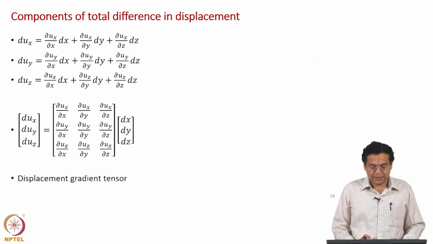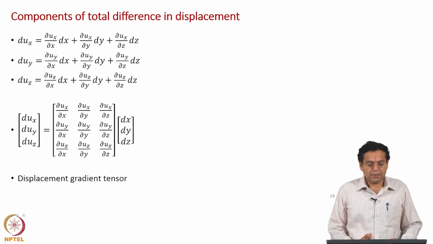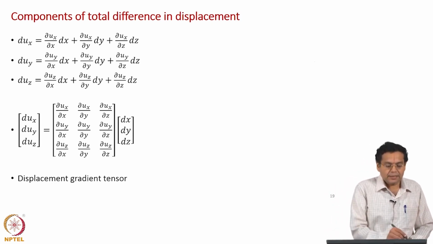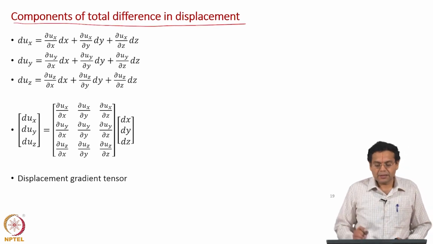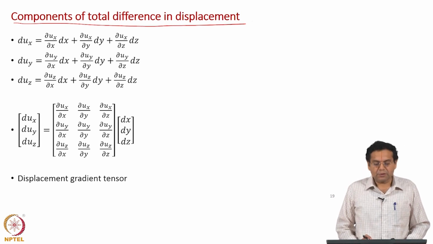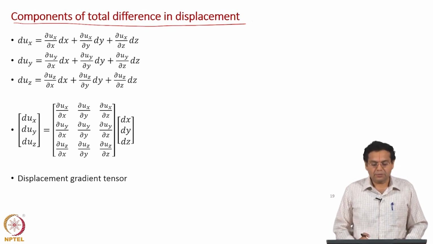Remember, this slide is the same as the earlier slide, only the title is different. Earlier the title was displacement gradient tensor obtained more mathematically, but right now this is obtained more geometrically based on the components.